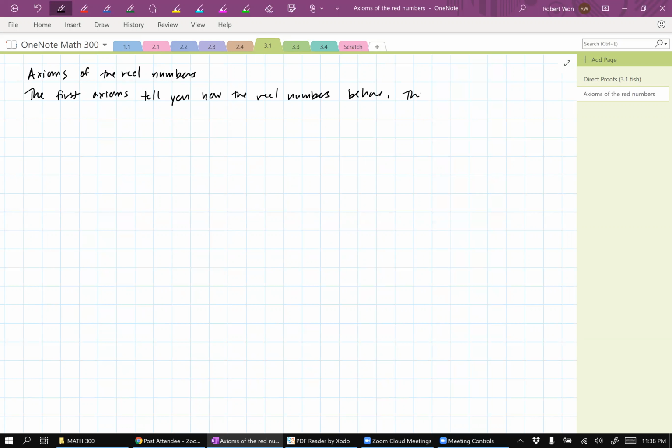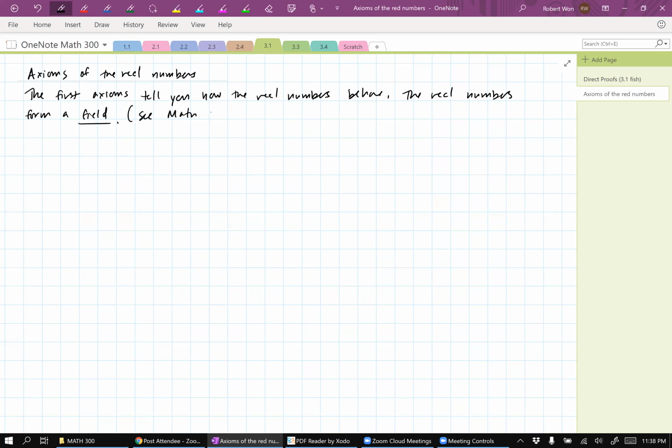The real numbers form a field, something called a field. A field is going to be a thing that satisfies the following axioms, but you'll learn more about these in Math 402.